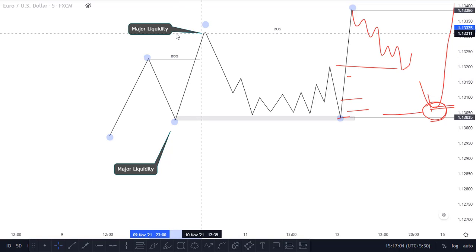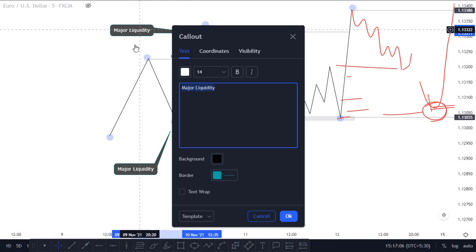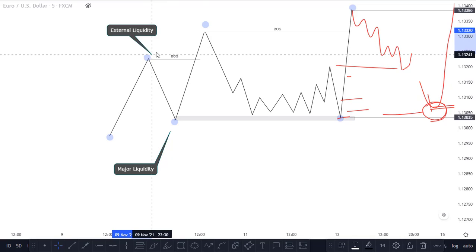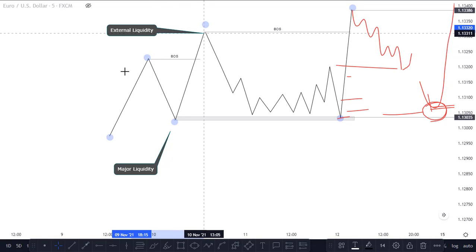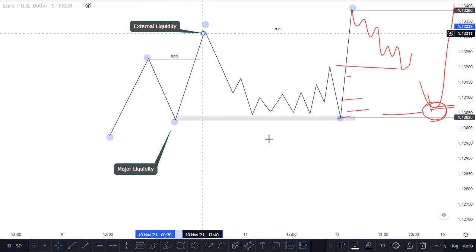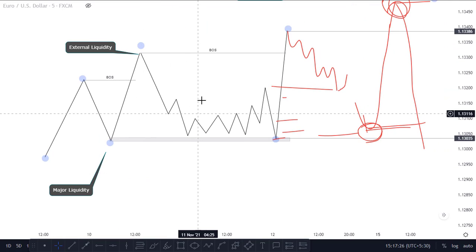This is going to be your external liquidity. The first external liquidity is here, but since we didn't have any structure, right now we have major liquidity, external liquidity, then we have a pullback.